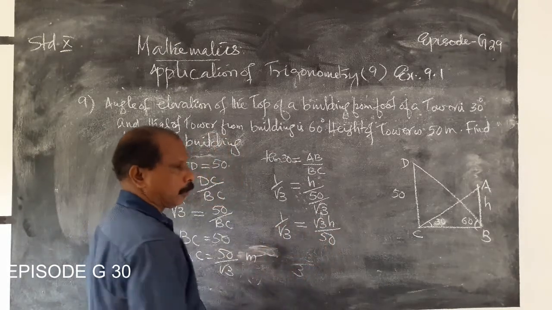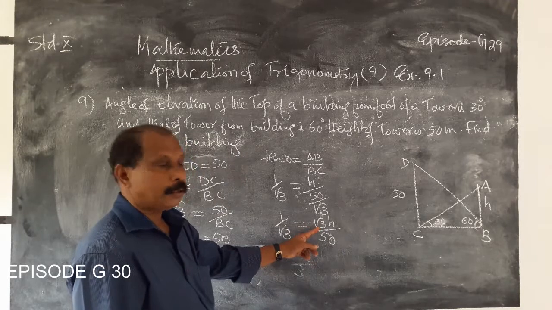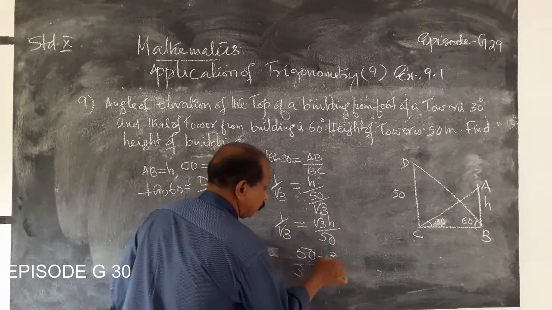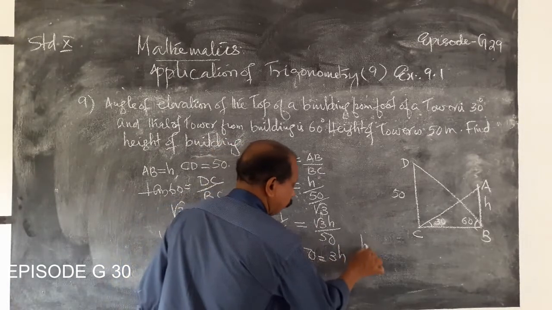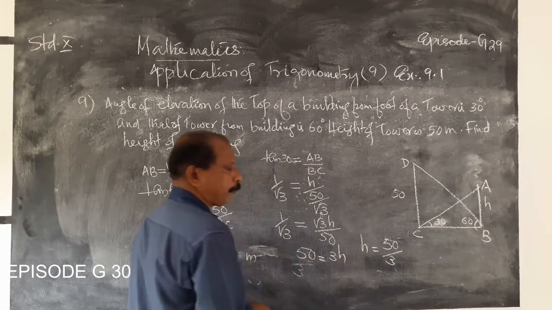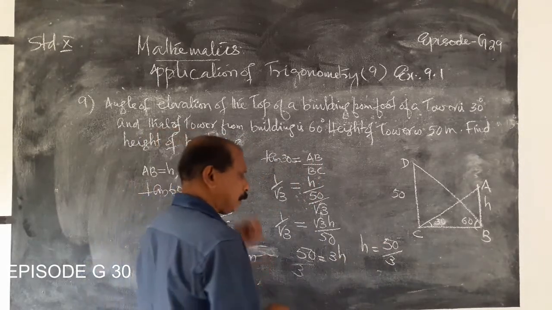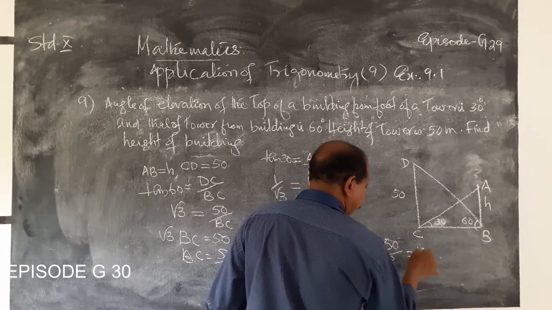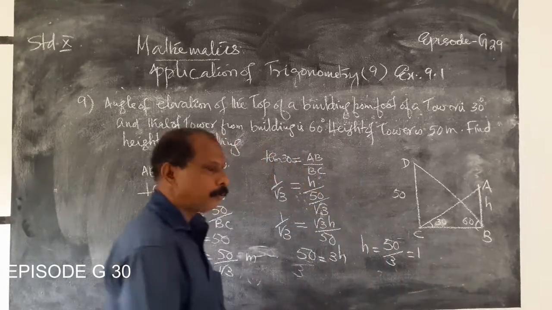Cross multiplication. Root 3 into root 3 is 3. 50 is equal to 3H. Therefore, H is equal to 50 by 3. 50 by 3 is a recurring number. In 5, how many 3s? 1 three.